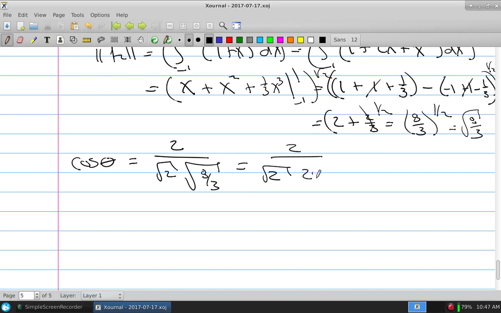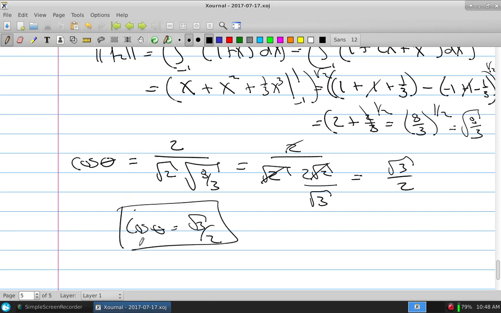Square root of 8 is 2 square roots 2 over radical 3, which that and that and that can cancel, and that's radical 3 over 2. So the cosine of theta is radical 3 over 2, and you can find theta however you want. And so that would be the contribution between those two functions.